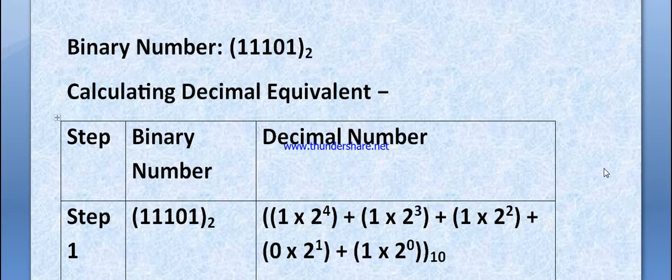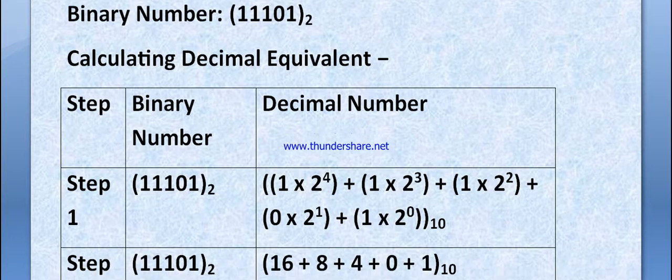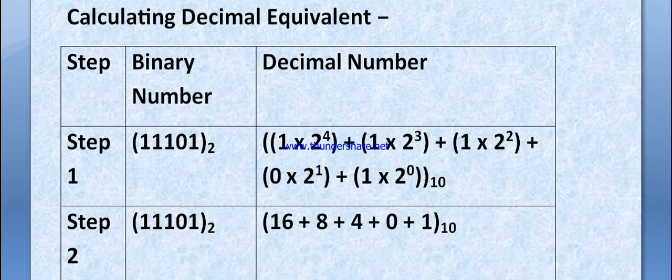Our next topic, binary number system conversion. Calculate steps: this is the binary number, and each digit is numbered in series 0, 1, 2, 3, 4. The powers are 4, then 3, then 2, then 1 and then 0, with base 2, converting to decimal.